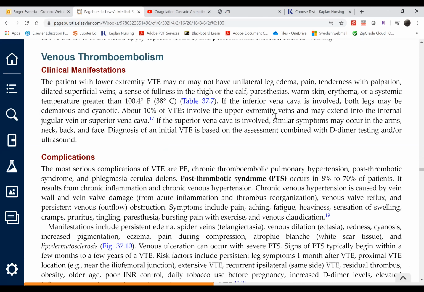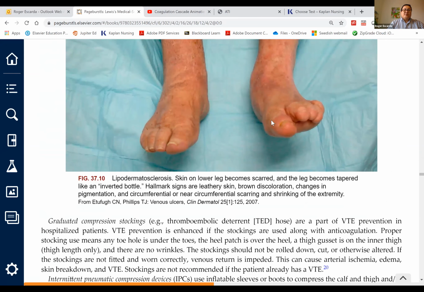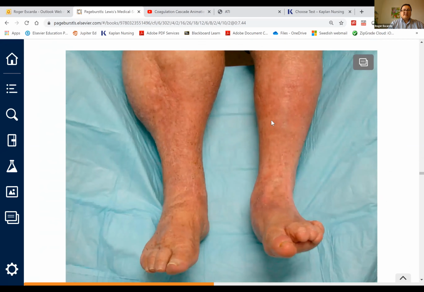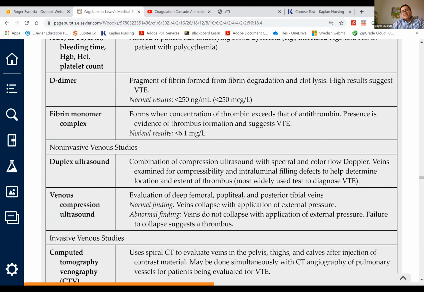Right. So next action would be to obtain an order because the only diagnostic study is what? So the only test that will diagnose it is an ultrasound right here. Table 37.9. We have possible blood studies, but the only thing that will reconfirm is visual.